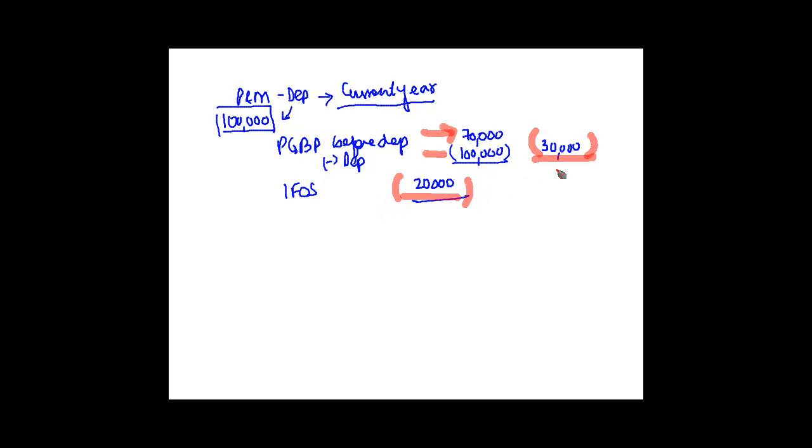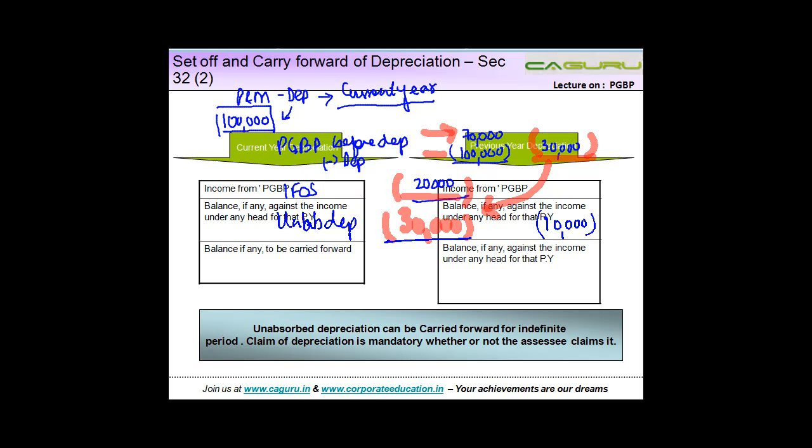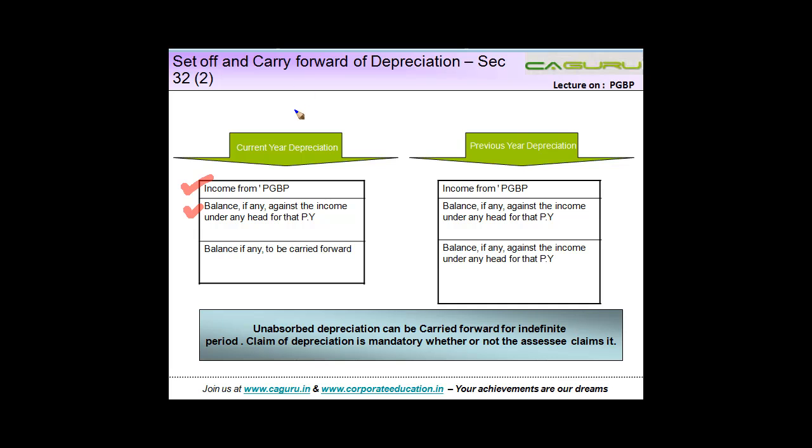So I can reduce this 30,000 from this 20,000. This is my unabsorbed depreciation. But I am still left with 10,000 excess. So what do I do with this? Balance, if any, to be carried forward.